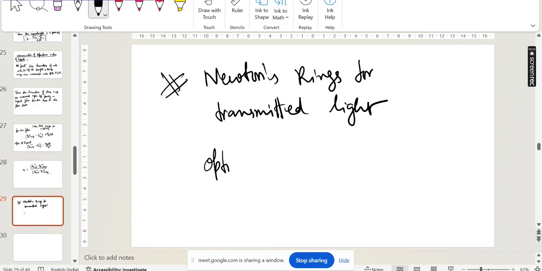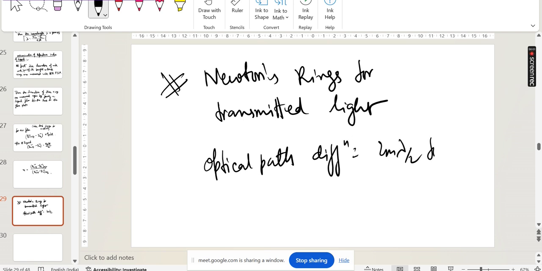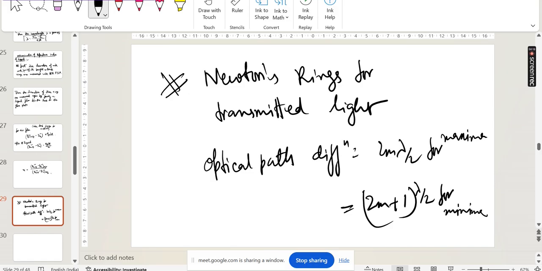The optical path difference is 2m lambda by 2 for maxima. That was the phenomenon for reflected light, and 2m plus 1 lambda by 2 for minima, so basically the dark region becomes bright and the bright region dark. And the central fringe n equal to 0 is satisfied by this equation.